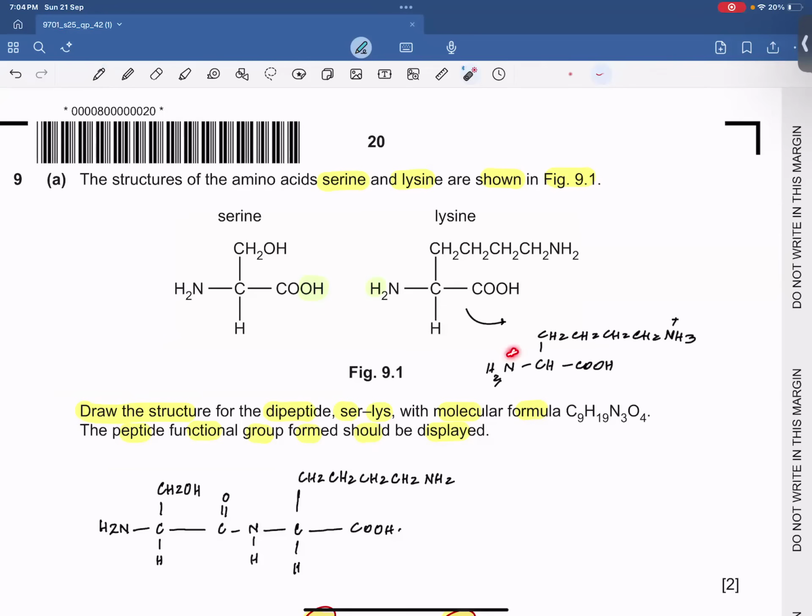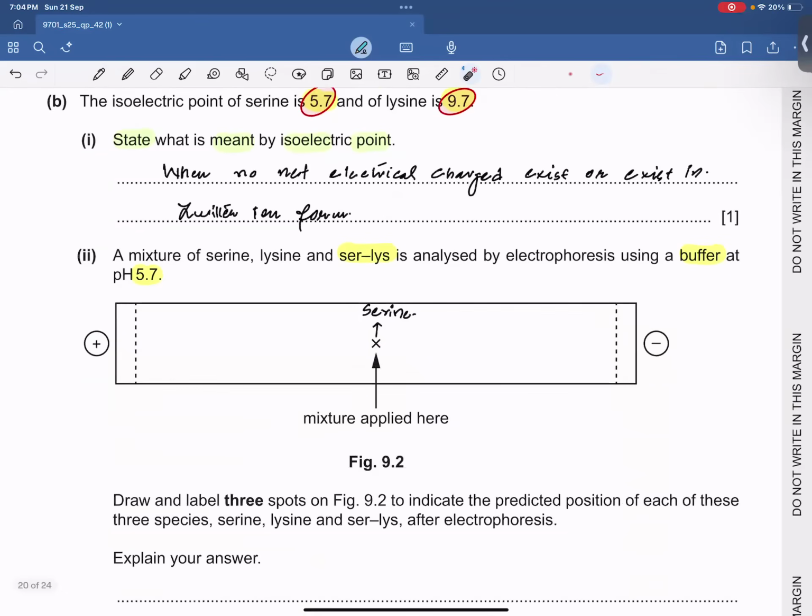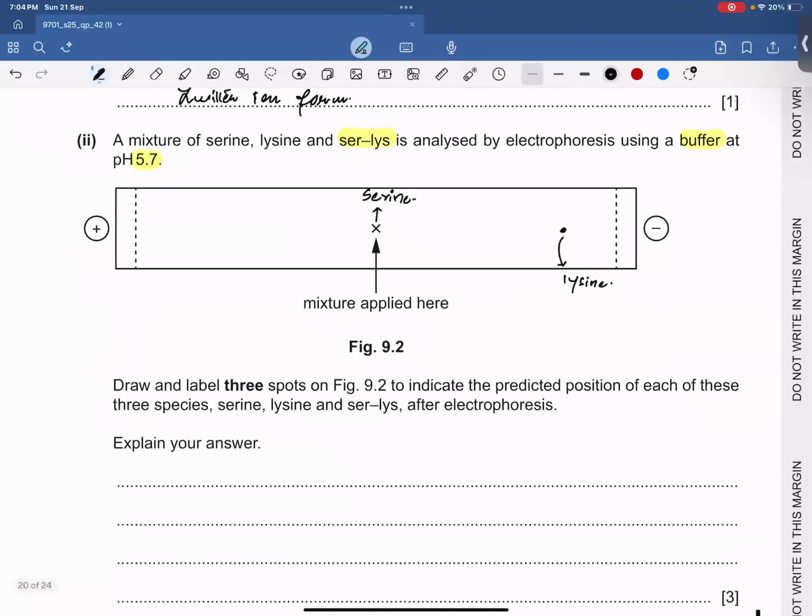Since it has a 2 plus charge, it will show more deflection and cover the most distance. So this is going to be lysine.